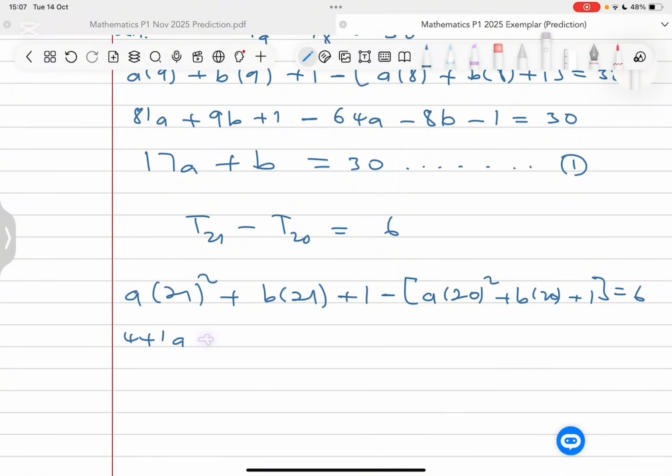And here I'm simply having plus 21b, and we have the 1 there. 20 squared is simply 400. So this is 400a, but if I multiply by the negative here, it's going to be minus 400a. And here I'm going to also have minus 20b because you multiply by the negative outside of the bracket, and we're going to have negative 1 as well. And this should be equals to 6.